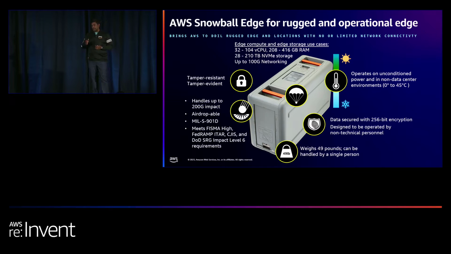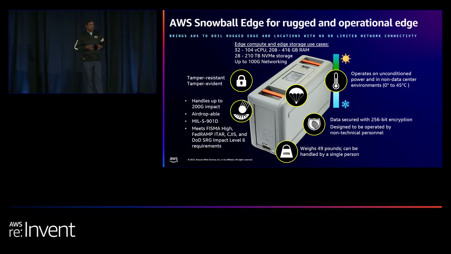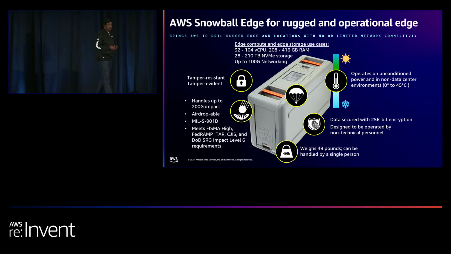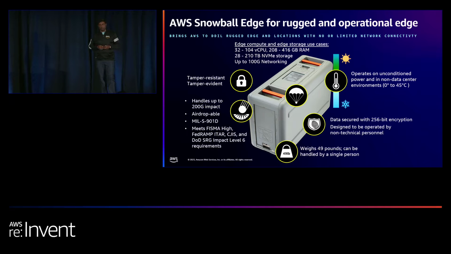And our customers like the variation configuration available for compute 32, 52, and 104 vCPU, so that for their applications and their workloads, they can pick the right type of a Snowball Edge device based on their deployment. Maybe in some areas, for example, in that private 5G, if they've got a smaller cell size, a lower amount of data throughput, they can use the 32 vCPU device versus a deployment area where they need a lot more compute for higher network throughput management, they can use 104 vCPU.